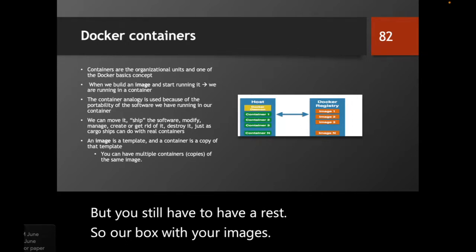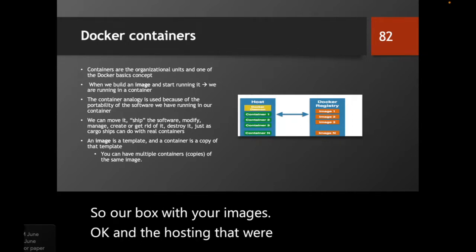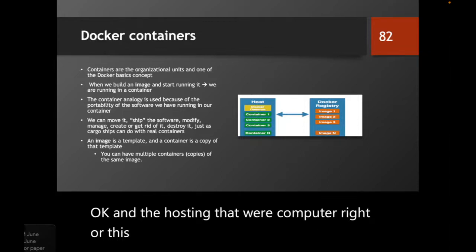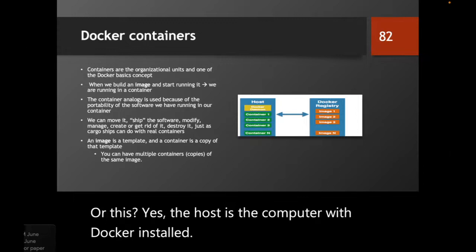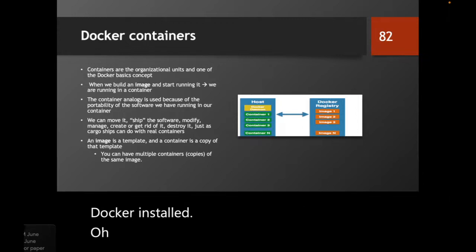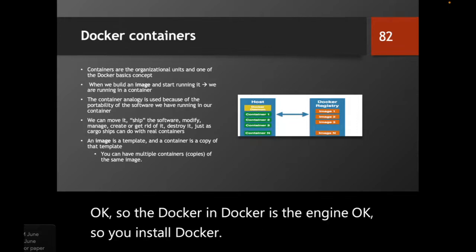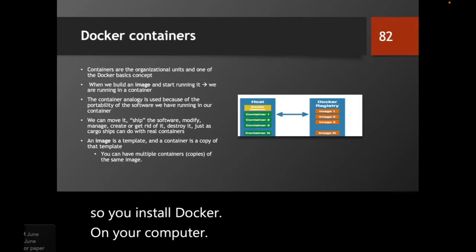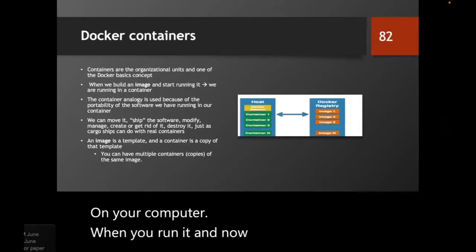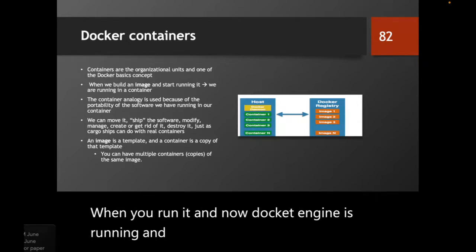Okay, and the host is our computer, right? Yes. The host is the computer with Docker installed. Okay, so Docker is the engine. So you install Docker on your computer. Now, you run it, and now the Docker engine is running. And then it has a client. It's a client server component.